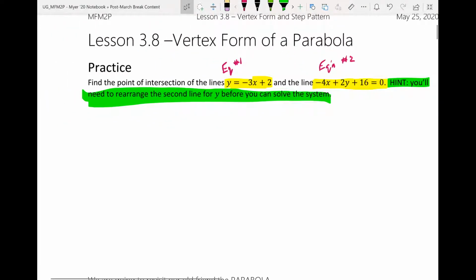All right, so we need to rearrange equation number 2 in a y equals kind of formula. For equation number 1, y equals negative 3x plus 2. Equation number 2 was negative 4x.